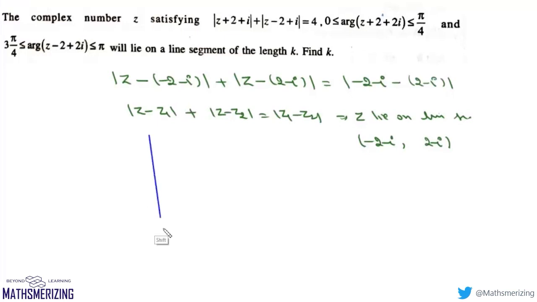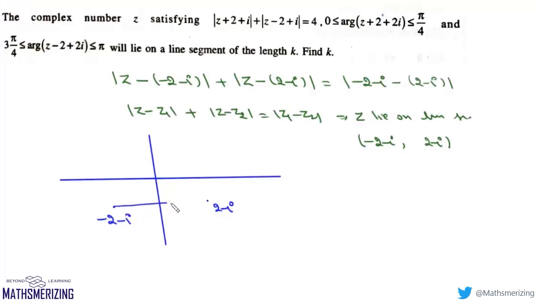So we'll draw this first locus. Now this point is 2 minus iota and this point is minus 2 minus iota, and it consists of all the points on this line, which is y equals minus 1. Now this second locus is argument of z minus 2 minus 2 iota lies between 0 and pi by 4.